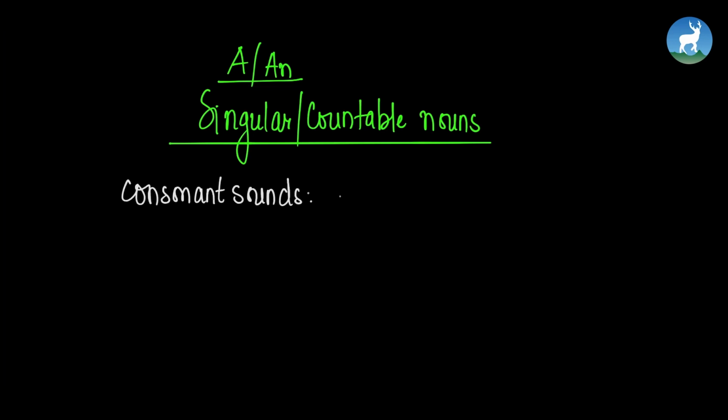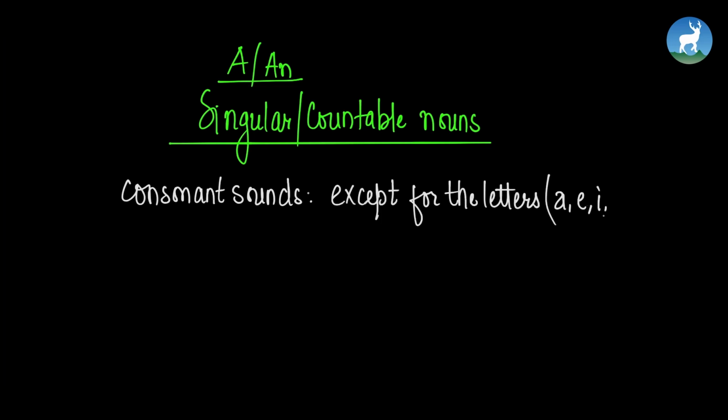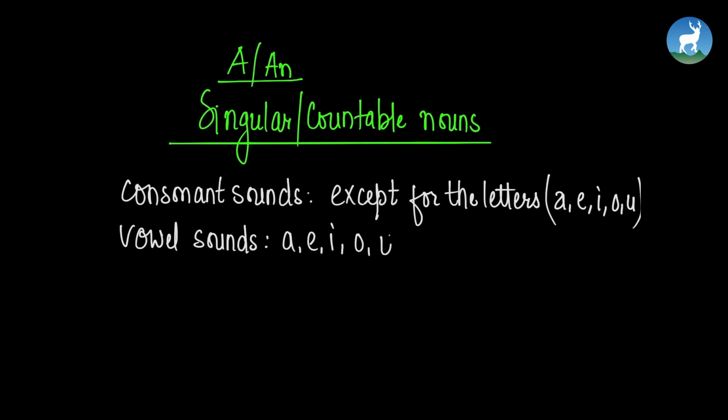They are all the sounds that we have in our alphabets except for the letters A, E, I, O and U. So all the letters remaining in our alphabets except for A, E, I, O, U are consonant sounds. The sounds that come within A, E, I, O and U are vowel sounds.